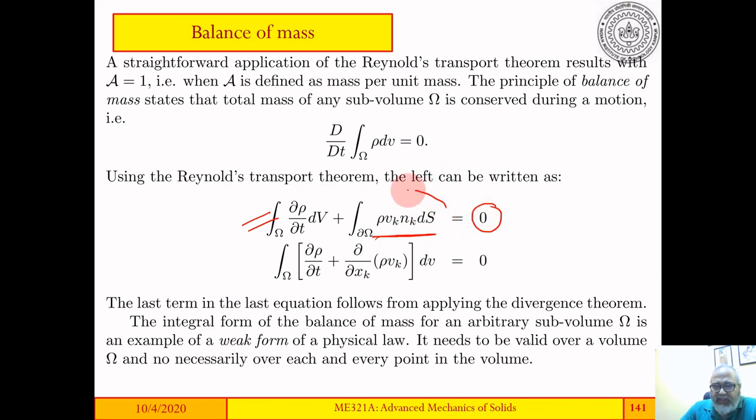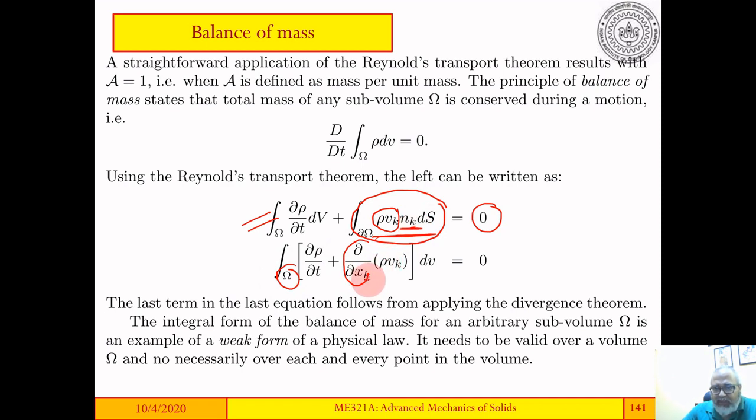Now, this is a surface integral. I can convert it into the volume integral by applying the divergence theorem. So to apply the divergence theorem, I have to look at the index of n. The index of n is k. Therefore, the entire function has to be taken. So when I convert it into a volume integral, I get an integral over omega, and that will have del/del x_k, because n_k had k in it.